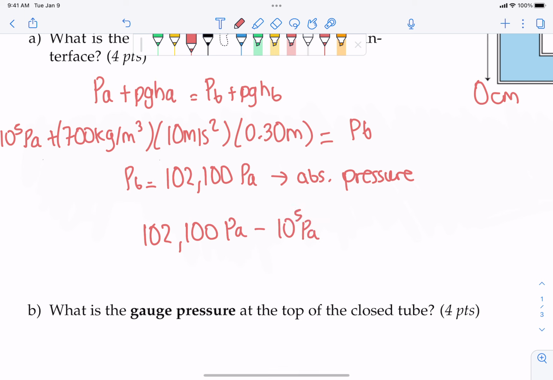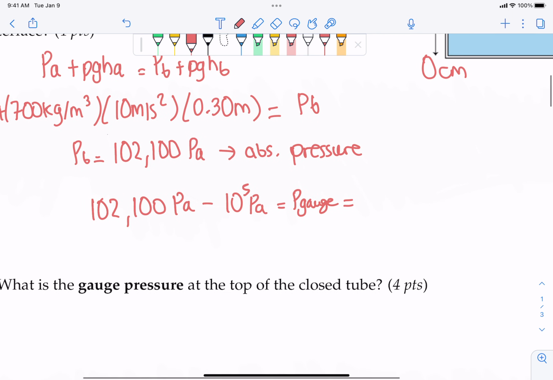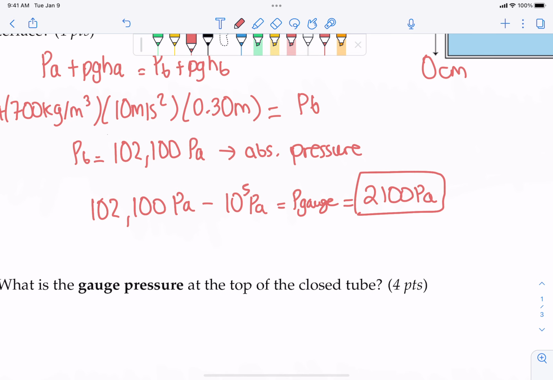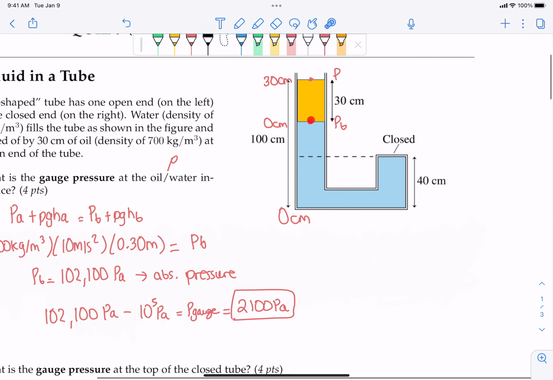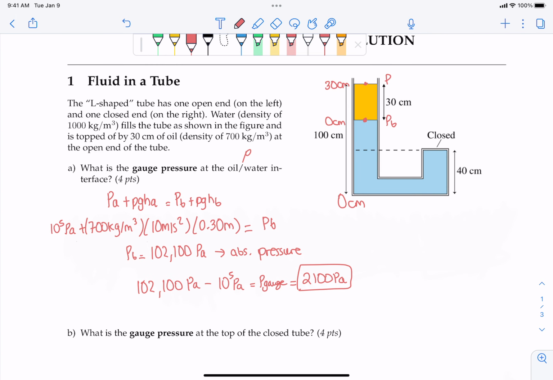And that'll give us P gauge, and that should equal, because 10 to the 5th is just going to be 100,000, 2,100 pascals as our gauge pressure for point B. Make sense? Okay, cool.